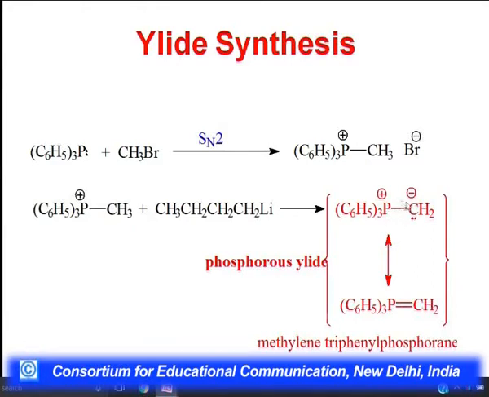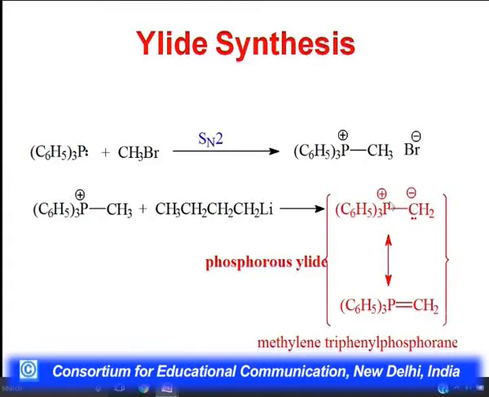Then, because of resonance between the negative charge here and the phosphorus, we can have this structure also. But this structure is neutral, whereas this one is charged. So this is the more reactive structure.